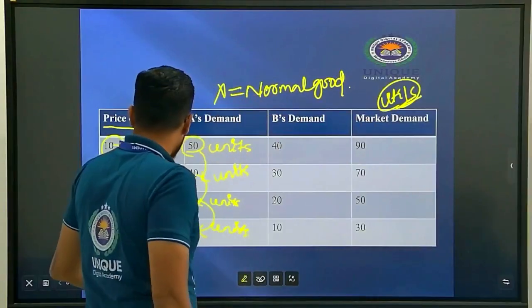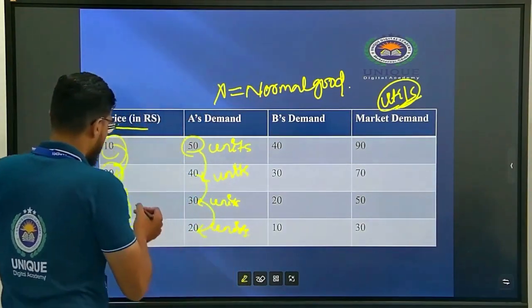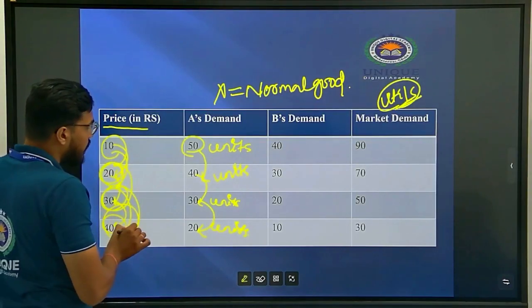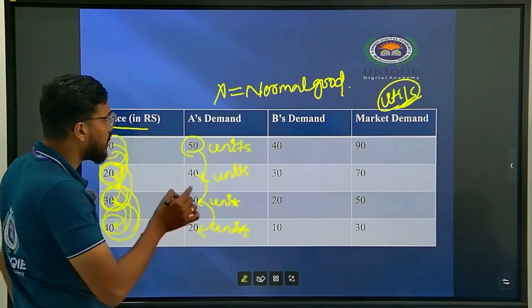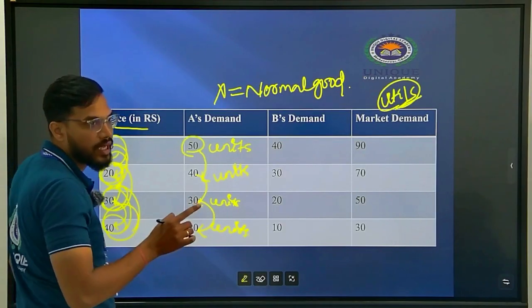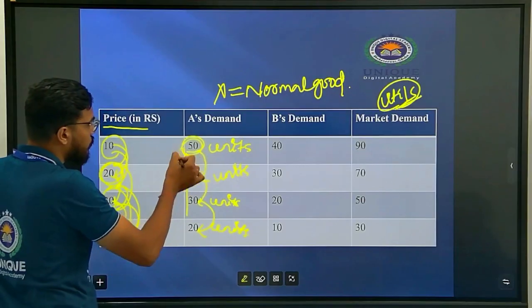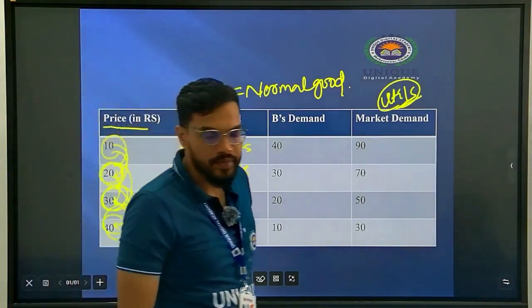So, here when the price increases from 10 to 20, 20 to 30 and 30 to 40, as a rational consumer, the demand by individual A for commodity X declines from 50 to 40, 40 to 30 and 30 to 20 units.